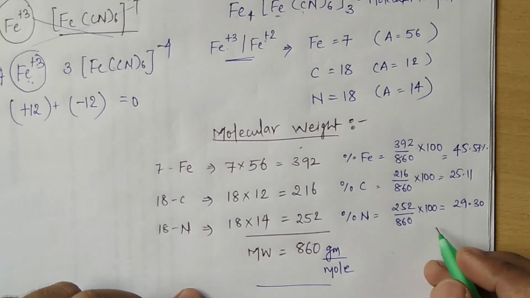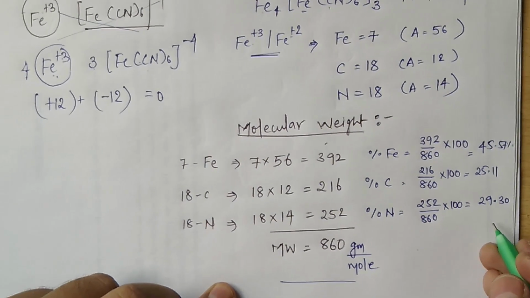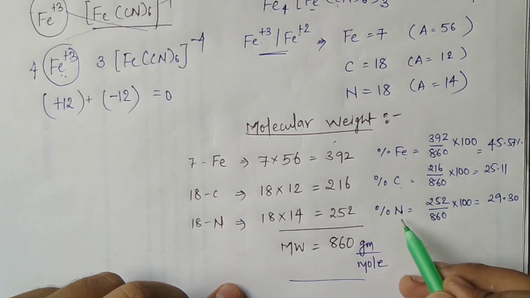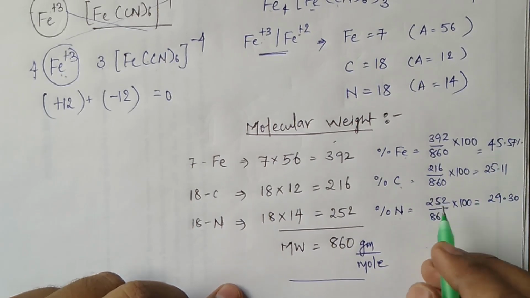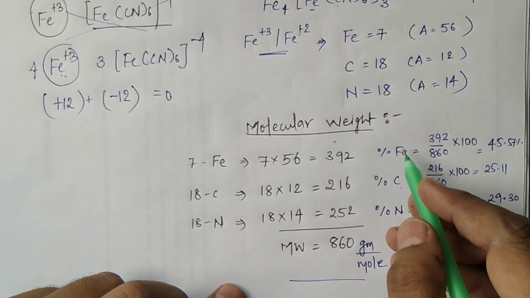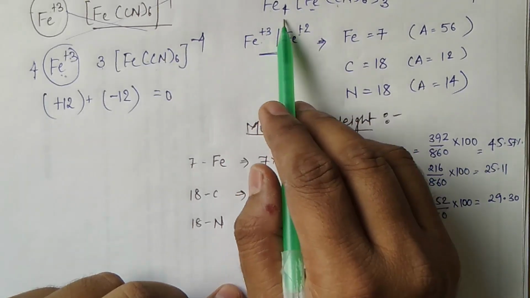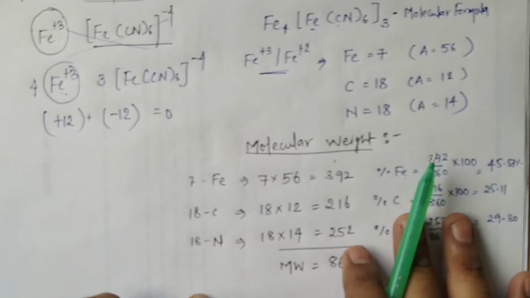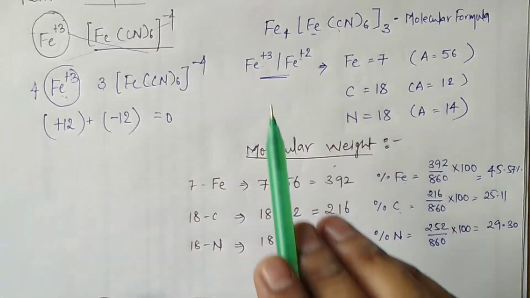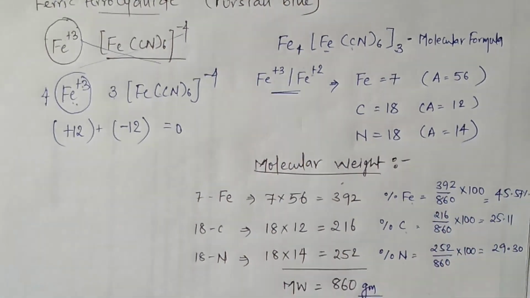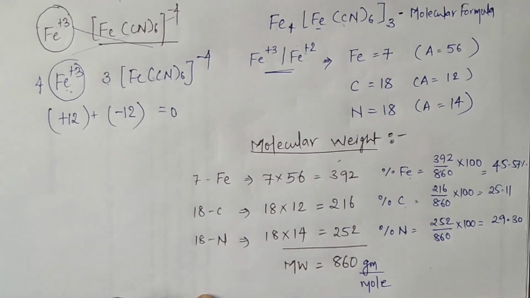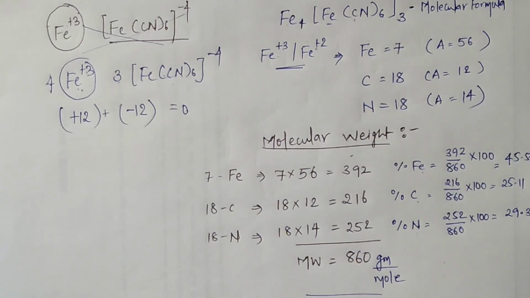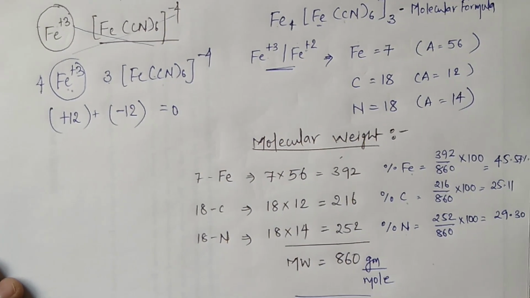So these are the percentage of iron, percentage carbon, percentage nitrogen with respect to mass in the formula Fe4[Fe(CN)6]3, that is ferric ferrocyanide. Is that clear? I hope that now this percentage calculation and molecular weight calculation is clear to all of you.